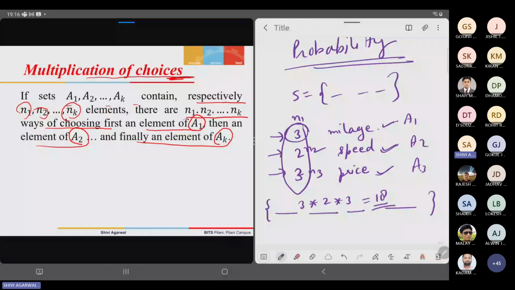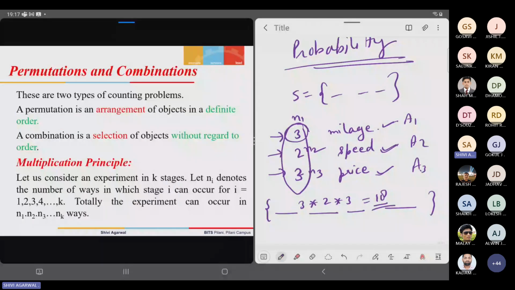This is known as the multiplication rule or multiplication formula to calculate the number of possible ways, that is the number of elements in the particular sample space, basically, how many ways the experiment can run and give an output.